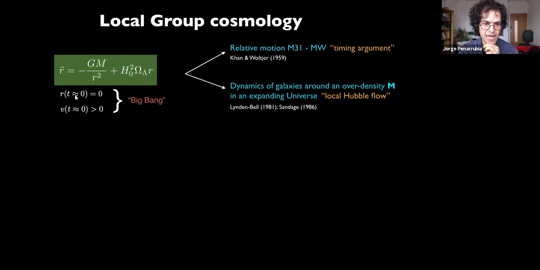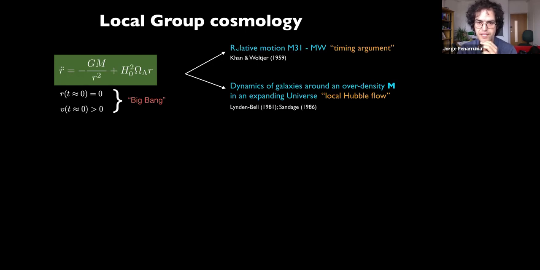At the time of the Big Bang, t close to 0, all the particles in this model are infinitely close, and they are all moving with positive velocities relative to each other. This is what we call the Big Bang conditions, the initial conditions. And this very simple setup provides two ways to measure the local group mass.